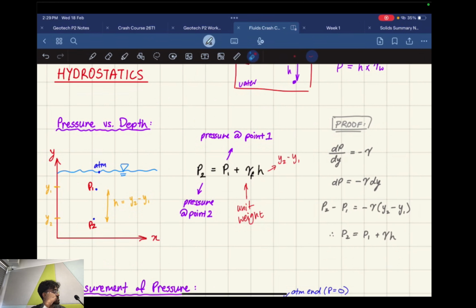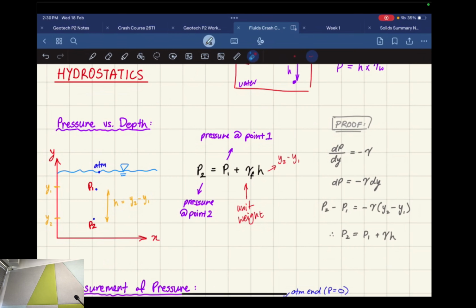It's also in soils. In soils, you'll see layers of soil, and then you might get a water table here, and they might ask you the pressure at this point, or the stress at that point.